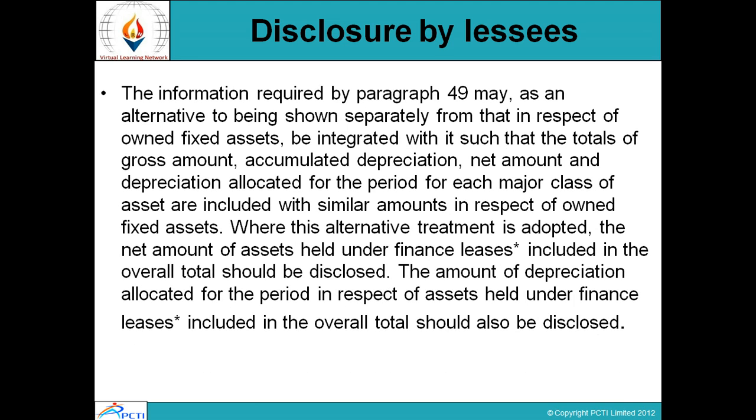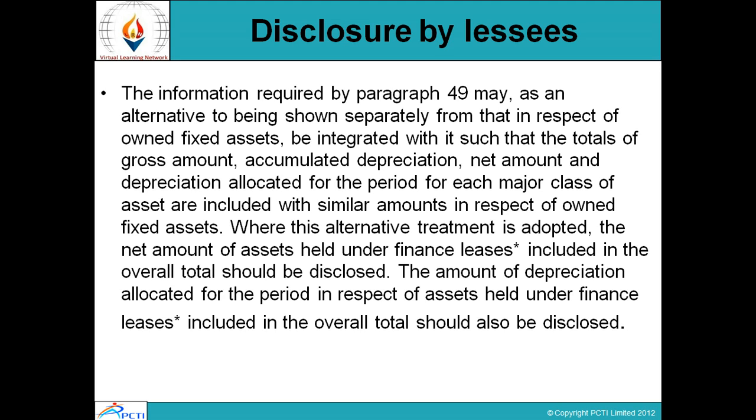The information required by paragraph 49 may, as an alternative to being shown separately from that in respect of owned fixed assets, be integrated with it, such that the total of gross amount, accumulated depreciation, net amount and depreciation allocated for the period for each major class of assets are included with similar amounts in respect of owned fixed assets.